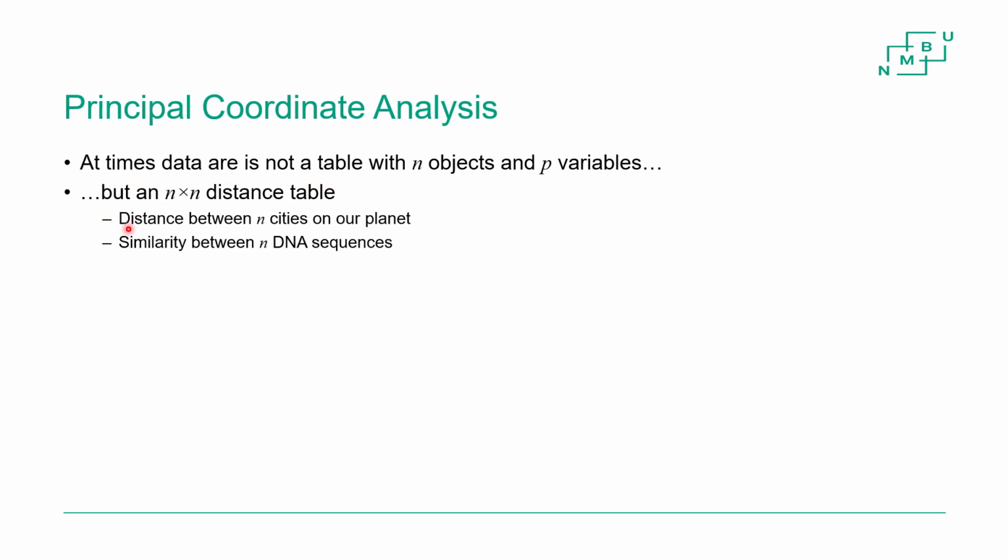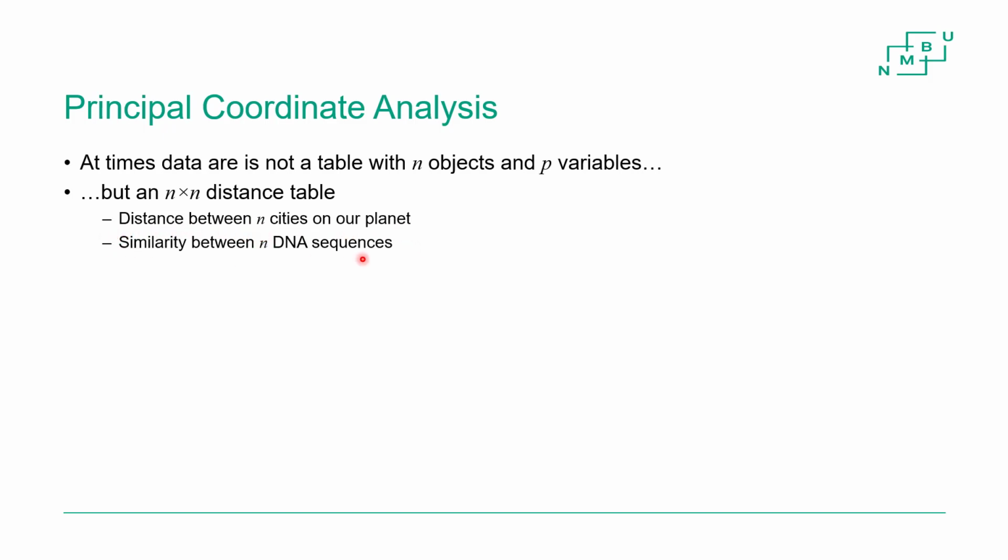For instance, distance between cities on the map, or it could be the similarity between different DNA sequences. In these cases, on a map you have a coordinate system, but in the DNA alphabet you have no coordinate system. So there are no underlying variables, or at least they are very difficult to define.